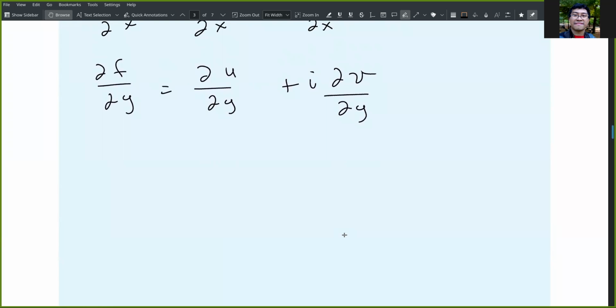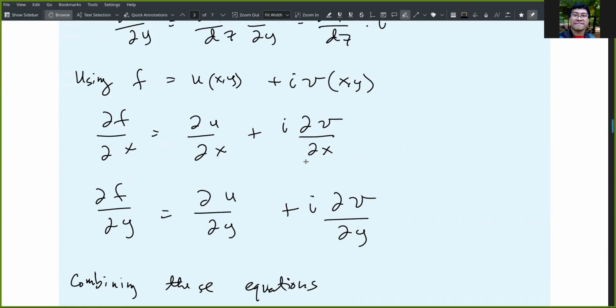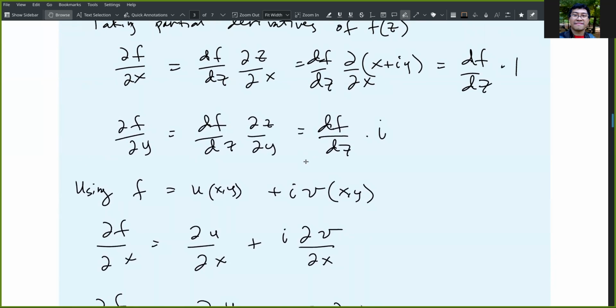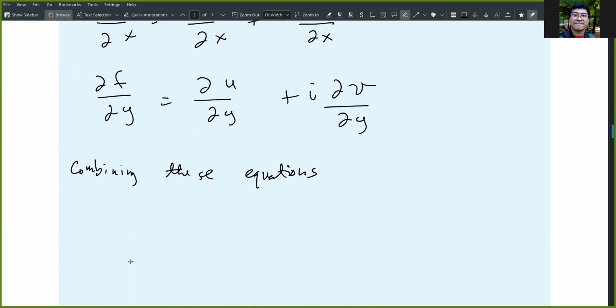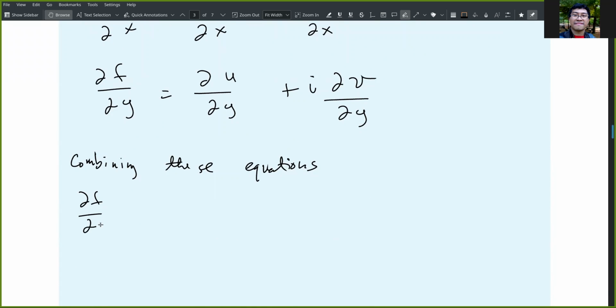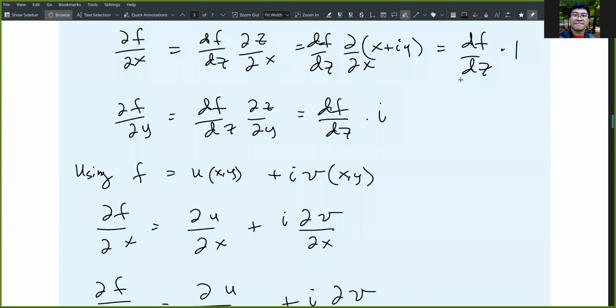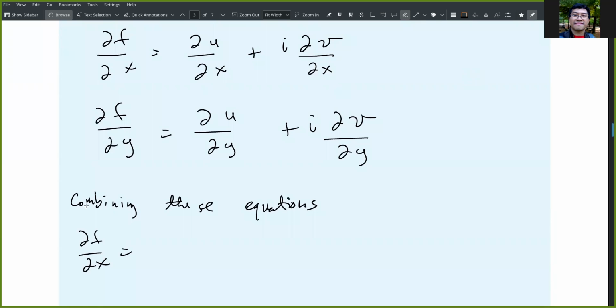Next step, we combine these two sets of equations. You have the partial of f with respect to x, the first one, df by dz, equals partial u with respect to x plus i partial v with respect to x.